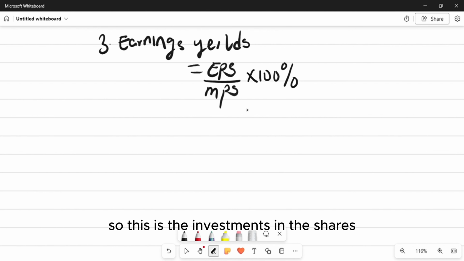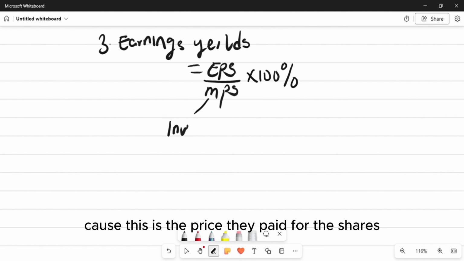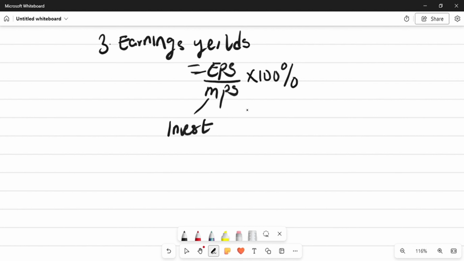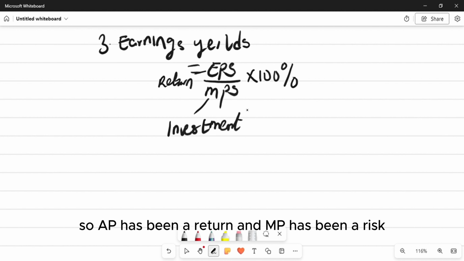So MPS is seen as the investment because this is the price they paid for a particular share, and EPS is seen as the return. We can see this as return over risk, EPS being our return and MPS being our risk.